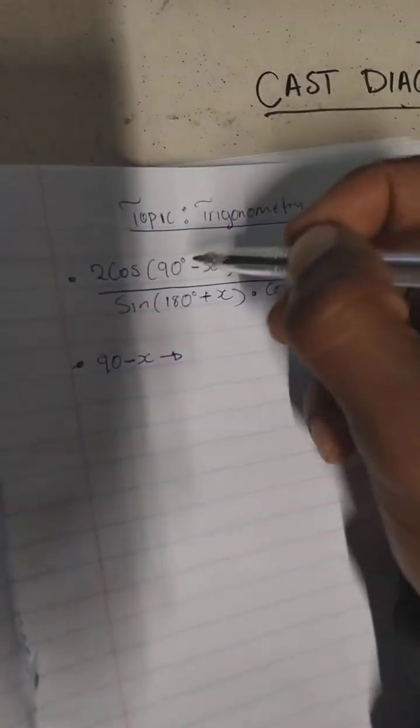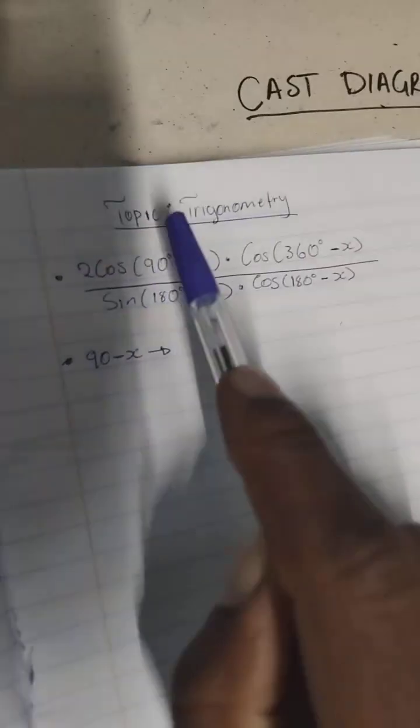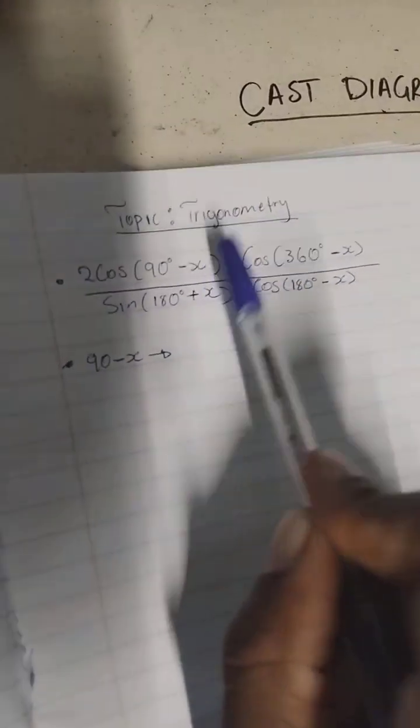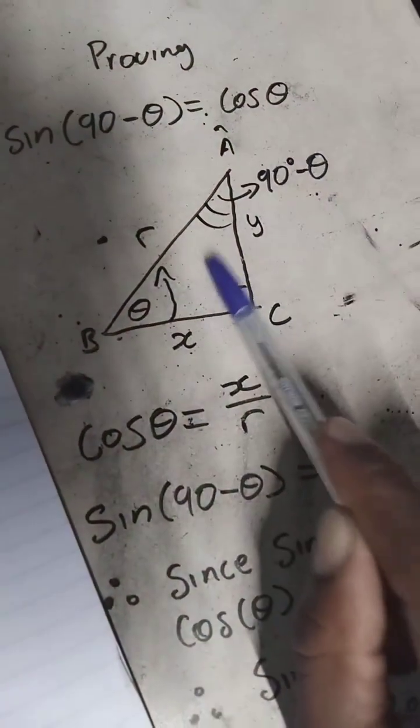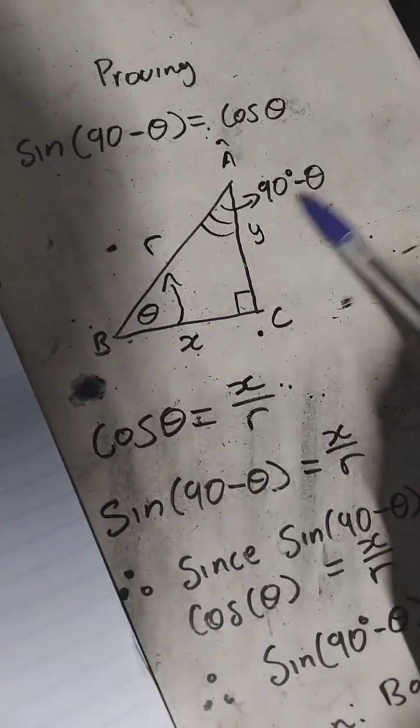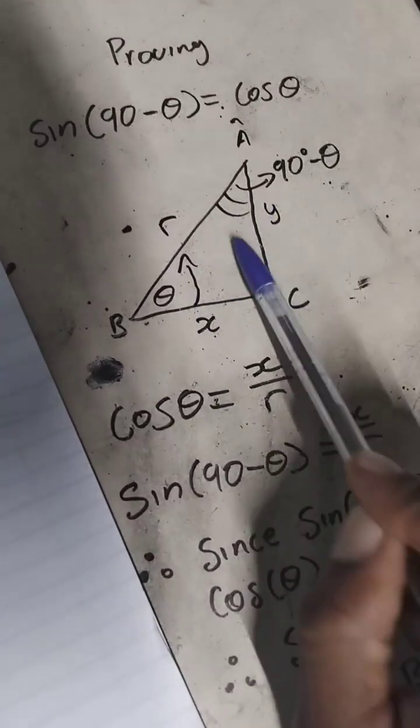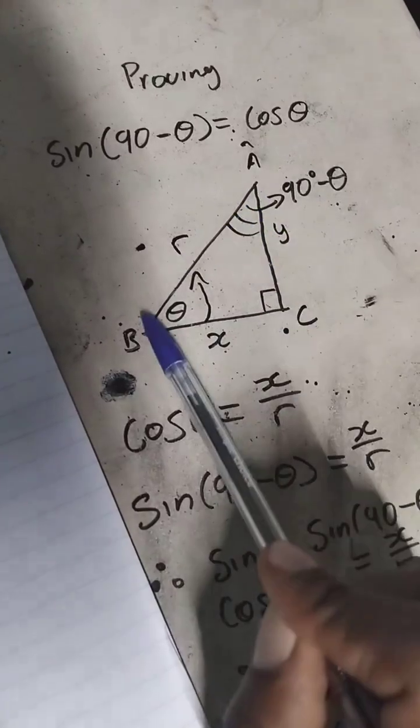Whenever we see 90, we have to think of cos changing into sine, and of cos being inside the triangle with complementary angles. 90 minus theta is inside this triangle, so cos will change into sine.